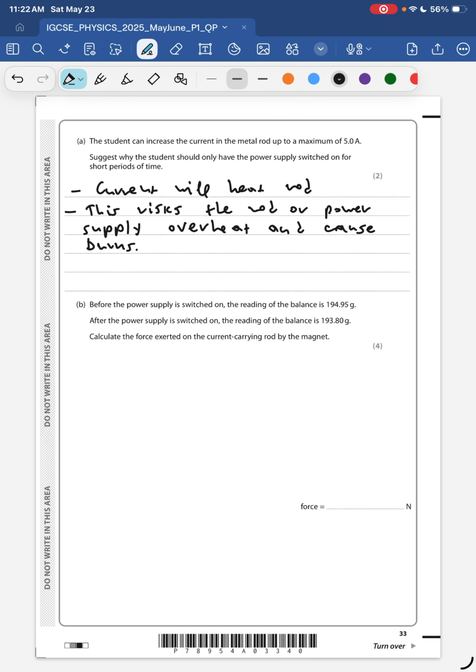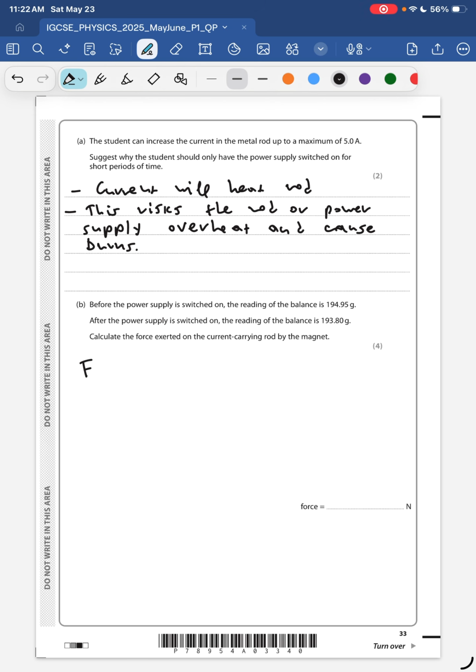Before the power supply is switched on, the reading of the balance is 194.95 grams. After the power supply is switched on, the reading of the balance is 193.80 grams. Calculate the force exerted on the current carrying rod by the magnet. So we basically have to subtract these two values.